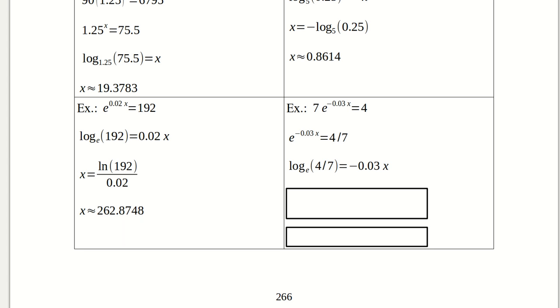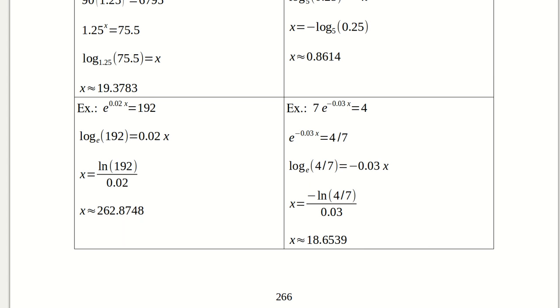Of course, just like in the previous example, the log base e is the natural log, and we're going to need to do some division to get the x by itself. Into the calculator it goes. Notice you're only pressing the natural log key once here. You're going to divide inside of that logarithm. And out pops 18.6539 from our calculator.